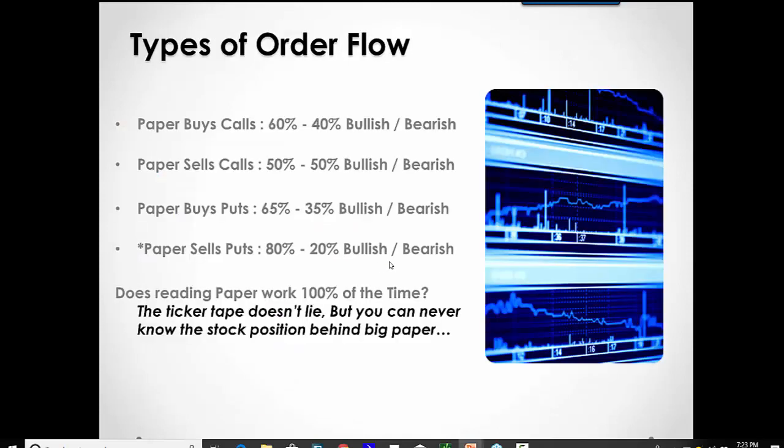Okay. So what is paper? Paper is an order from a hedge fund, mutual fund, retail bank, or big trader. There are basically 2 types of trades. There are calls and there are puts.